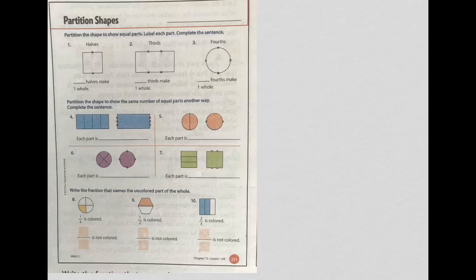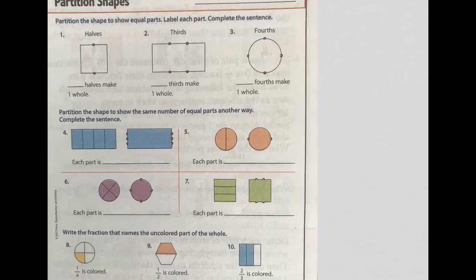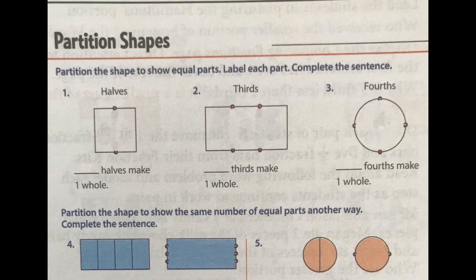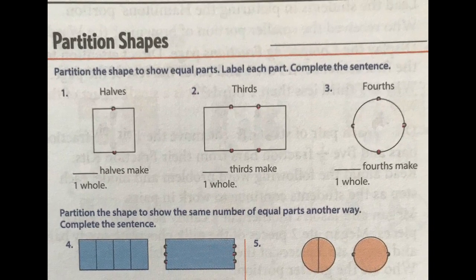All right, I'm going to use my red again, just because, like I said, it shows up really well. Okay, let's take a look at number 1. For numbers 1, 2, and 3, they want us to partition the shape to show equal parts. Label each part, complete the sentence. So I see 3 different directions, 3 different steps that we need to do for each one of these.